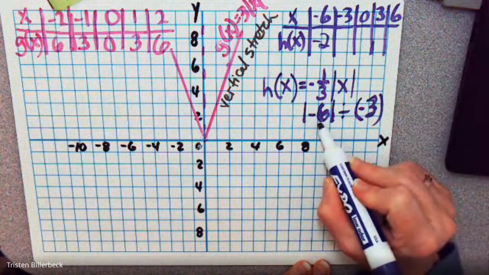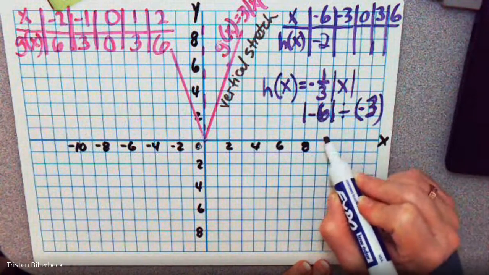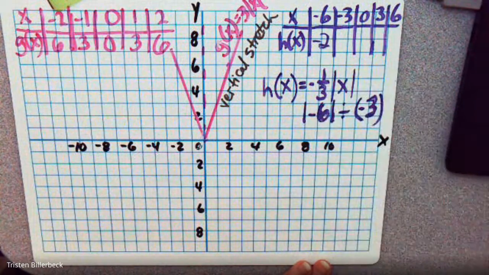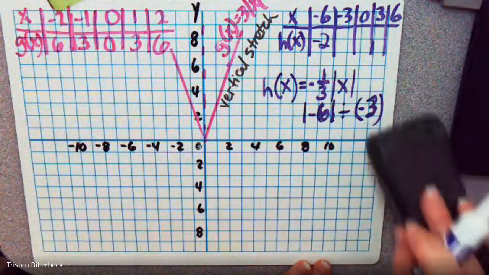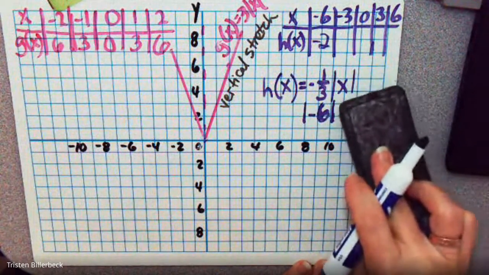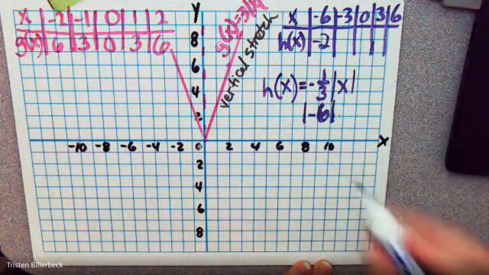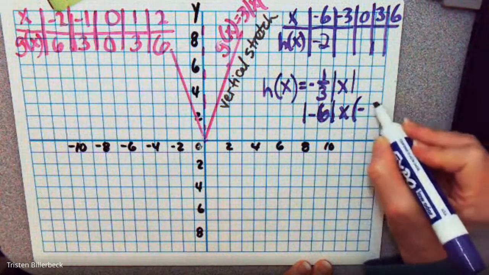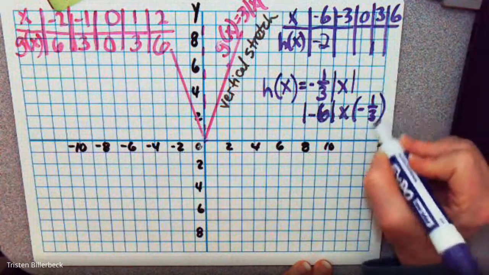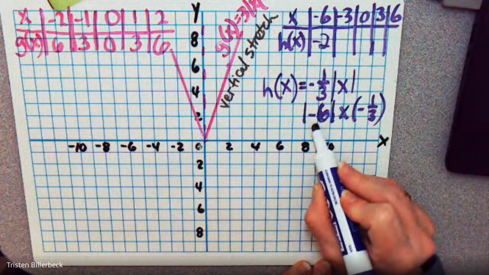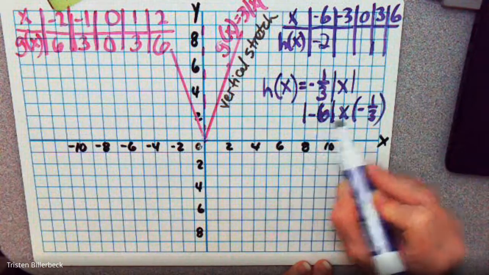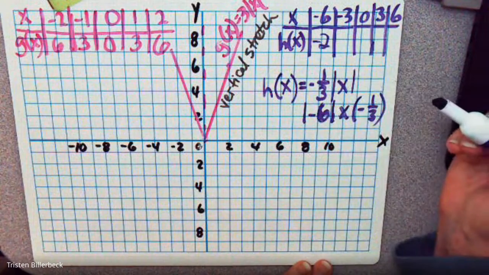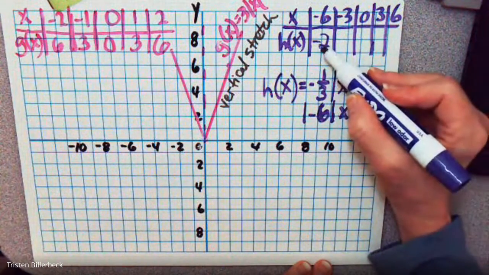So the absolute value of -6 is 6. Dividing it by -3 gives me -2. Okay, if you didn't follow that, then let's go ahead and do the multiplication by -1/3. So I have the output of the absolute value of -6 is 6 times -1/3 gives me a -2. Okay, so that's what I did to find that.